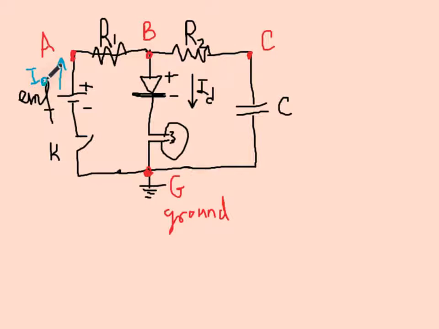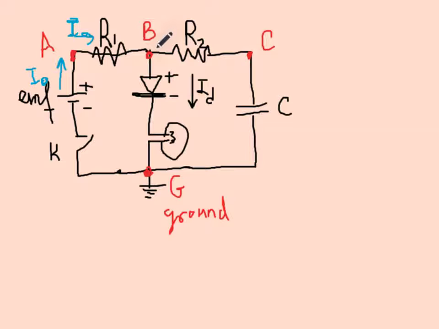I sub naught means the principal electric current. Then this is passing through R1. So we are still I sub naught here because there are no other directions to go than passing through R1.